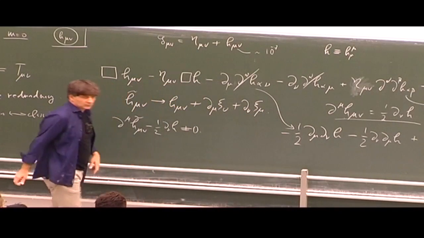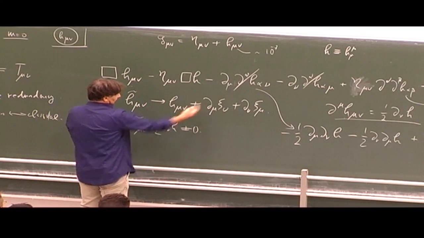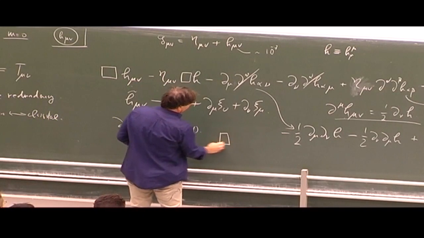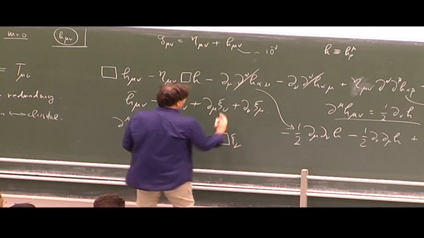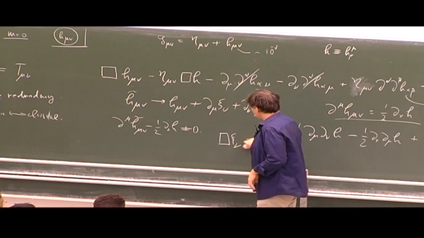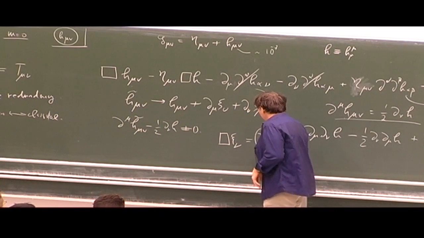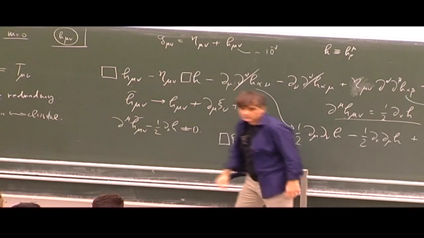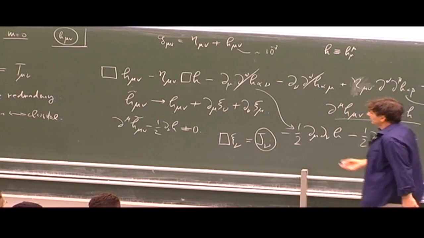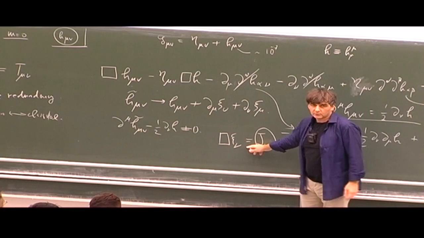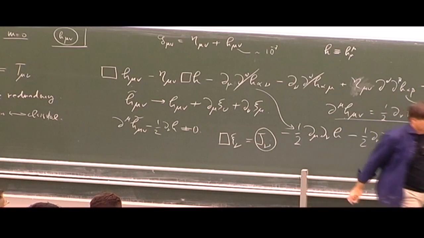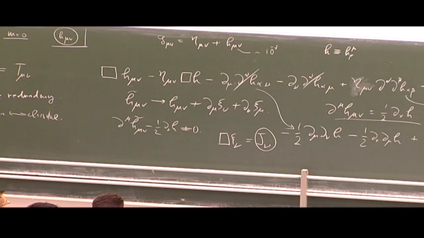And you can always do that. Why? Because the equation will have the form of box psi sourced by a combination of h, and this always has a solution, because this is simply the Maxwell equation for psi.